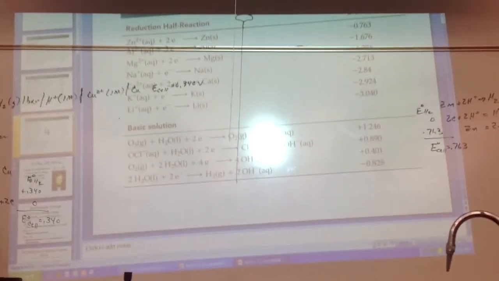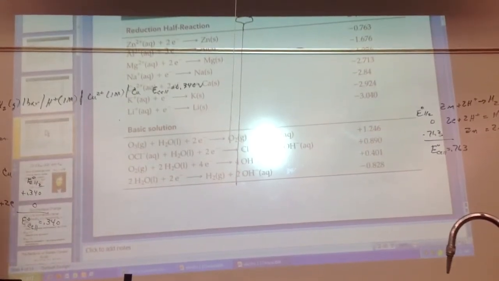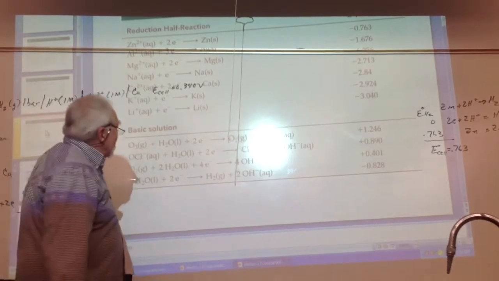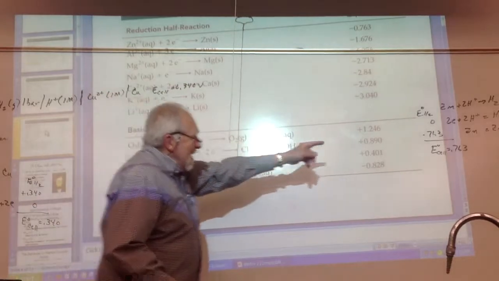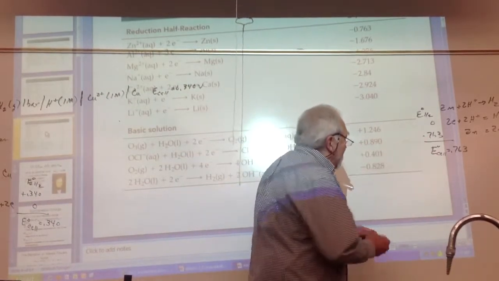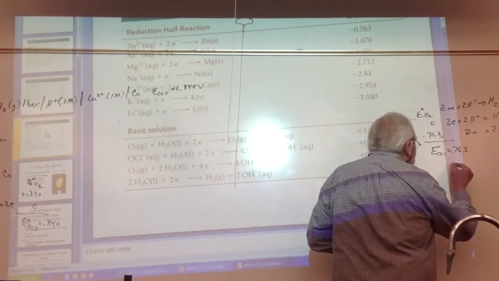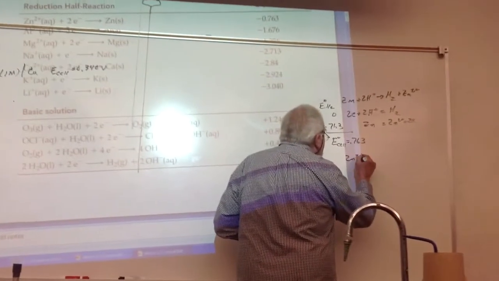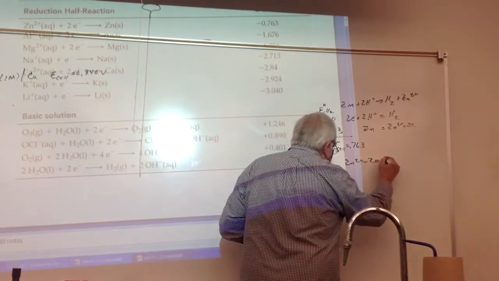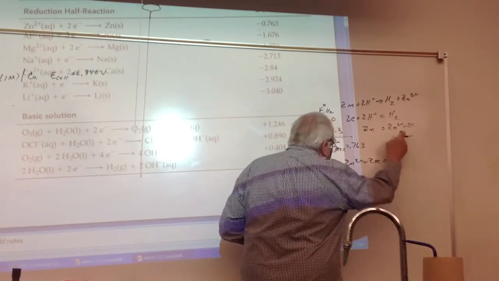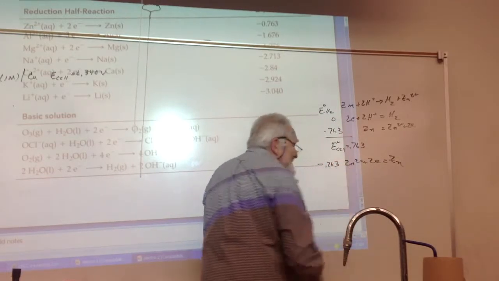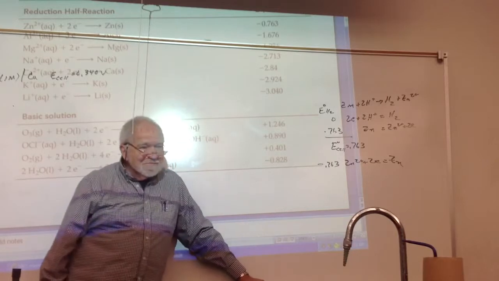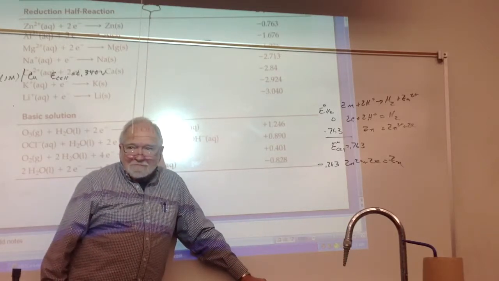Okay. He said minus 0.763. What's the difference? He's got a reduction half reaction. I have an oxidation. If I reverse this, what do I do to the sign of that? Change the sign. Okay.